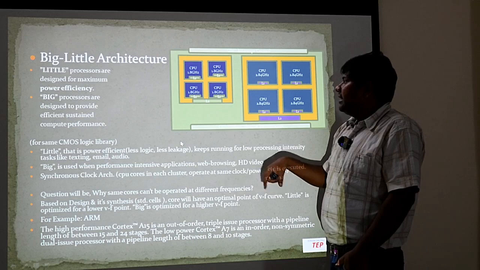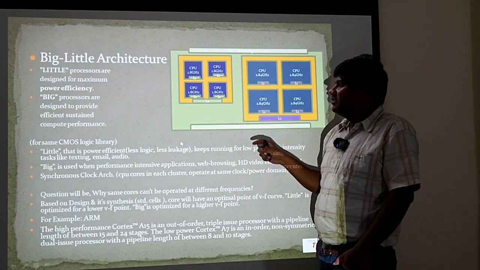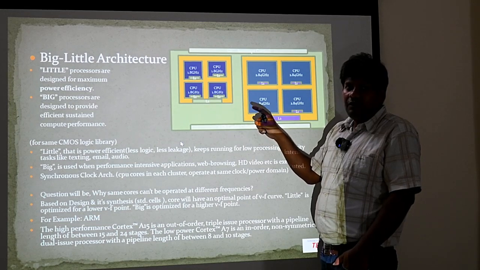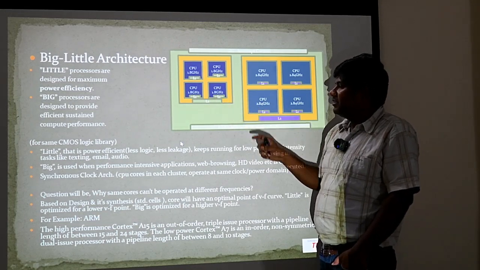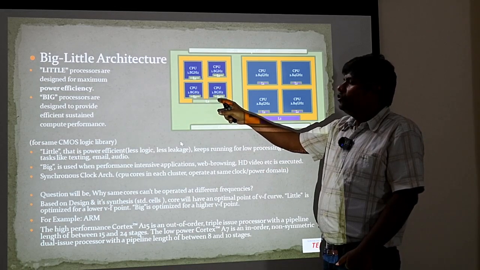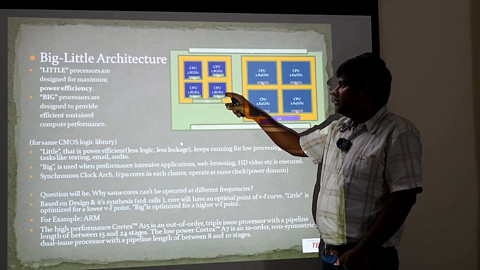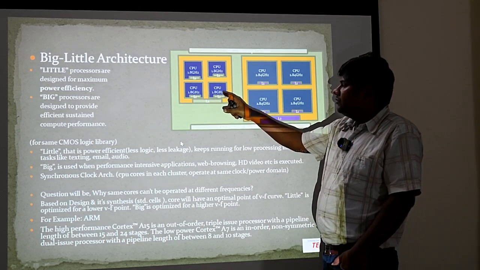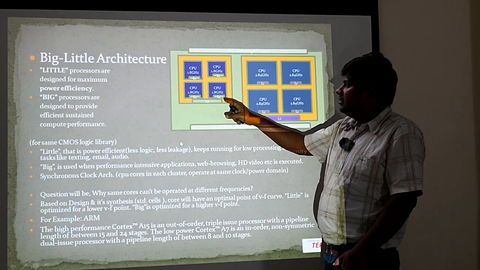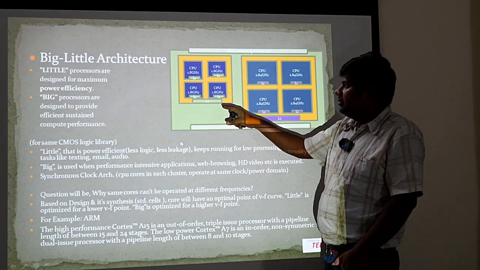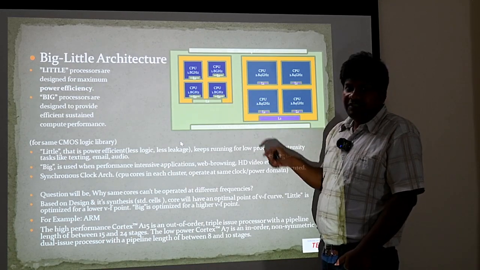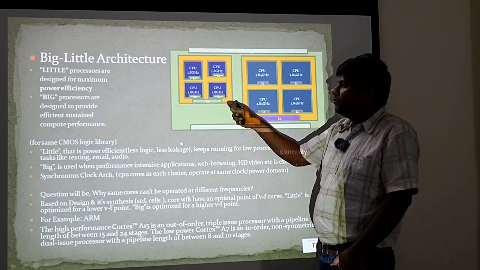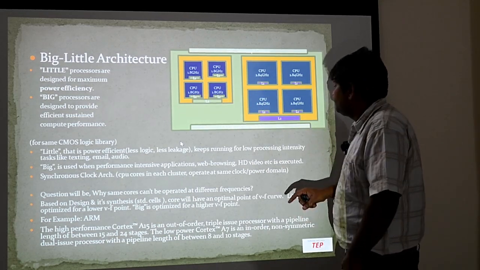So the concept is that little is optimized for those workloads which need lower performance, which operate at lesser frequency, but this is the more power efficient cluster. Though it is operating at a lower frequency, it is usually on for most of the time, and it is more power efficient for low frequency or low performance throughput requirements.